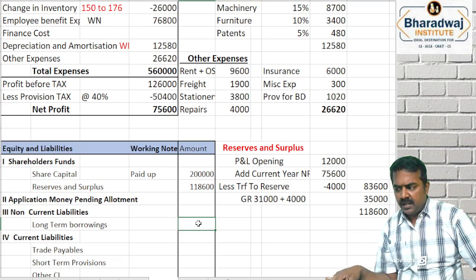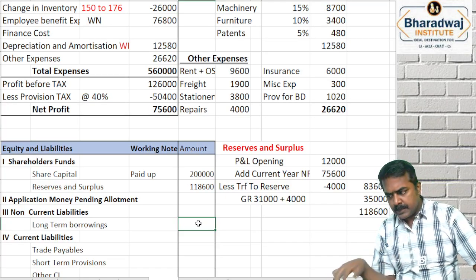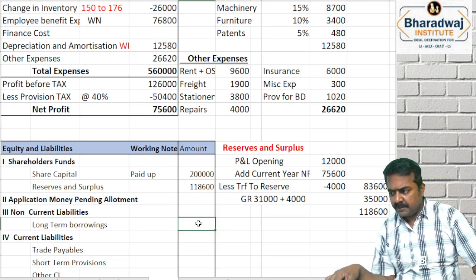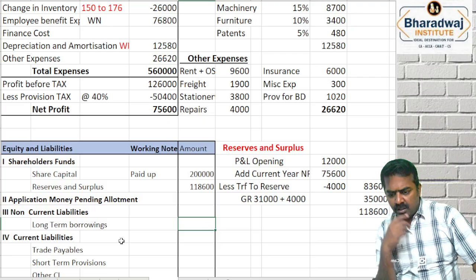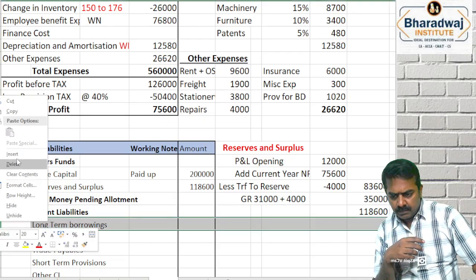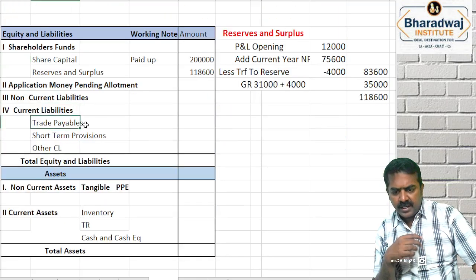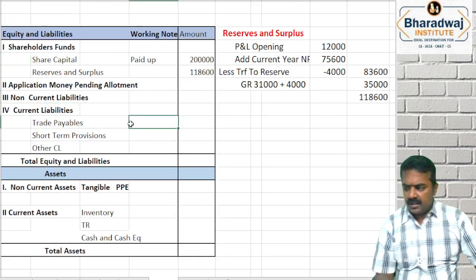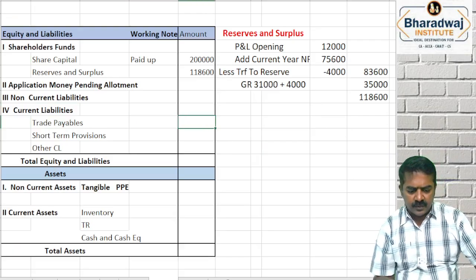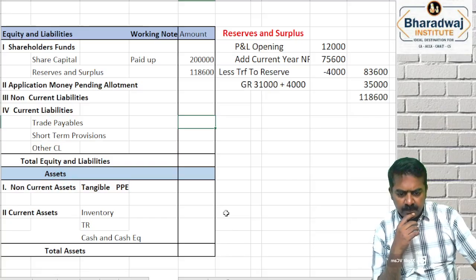In this question, any long-term borrowings? No long-term borrowings, I believe. Trade payables. The creditors will come. What is the creditors value? 49,000, sir.